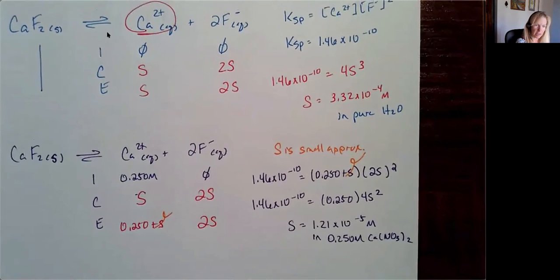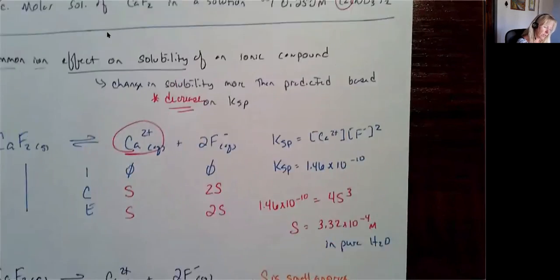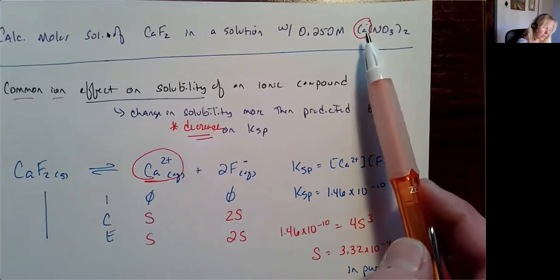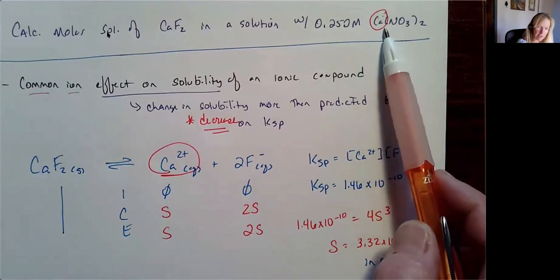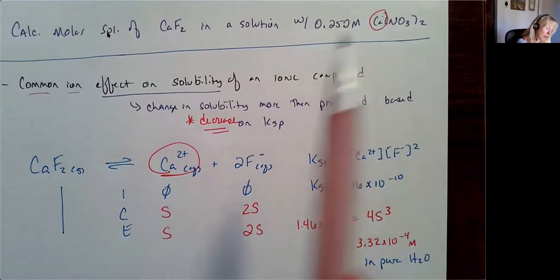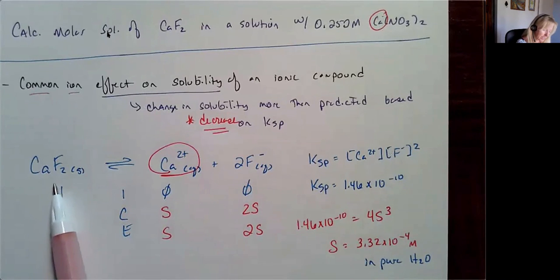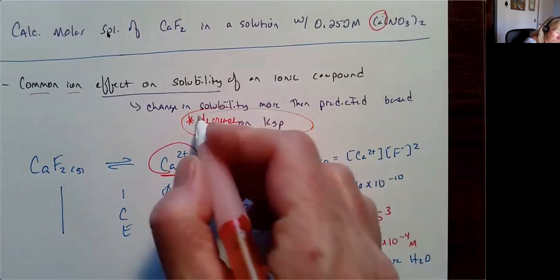So, common ion effect: you're looking for, does the solution that you're adding your ionic compound to dissolve in have an ion in common with what you're trying to dissolve? If it does, it's always going to decrease your solubility.